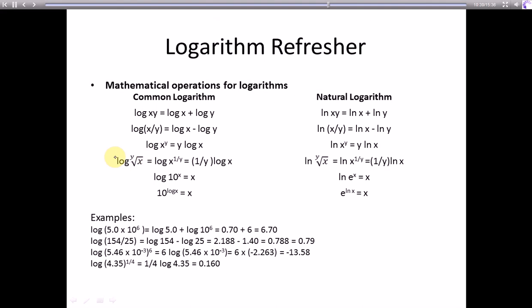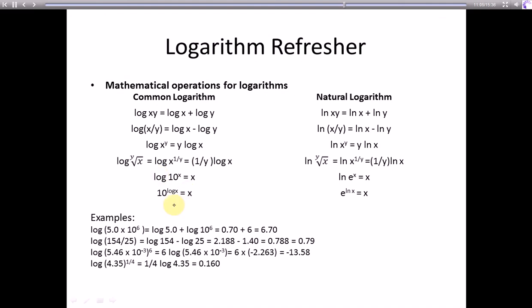Now, if you are taking the log of the yth root of a number, then if we were to rewrite this in terms of a power, we are taking the log of x raised to the 1 over yth power, and like in the above, you can take that power and move it out to the front, so you have 1 over y times log x.